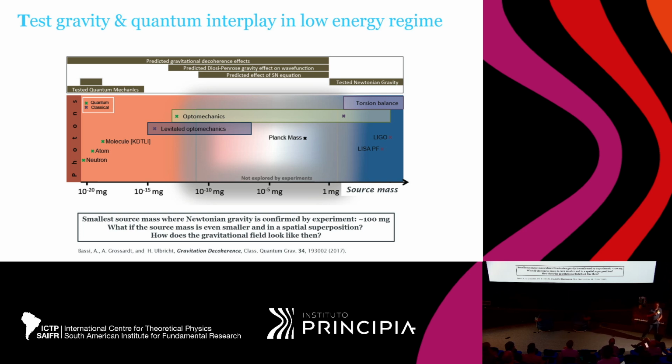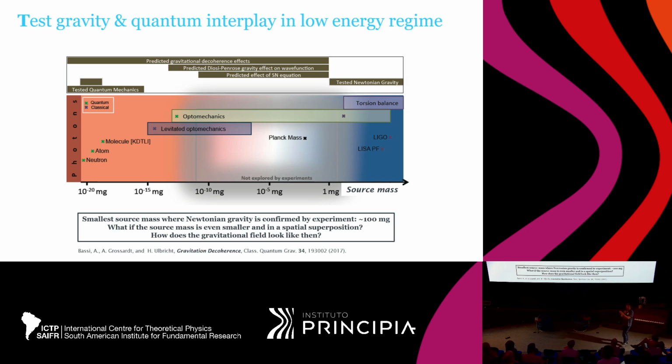Now what we want to do in experiments is go down in gravity, and quantum mechanics the opposite, and then at some point the two meet somewhere here, maybe. I will talk about experiments and where they actually are on this graph.